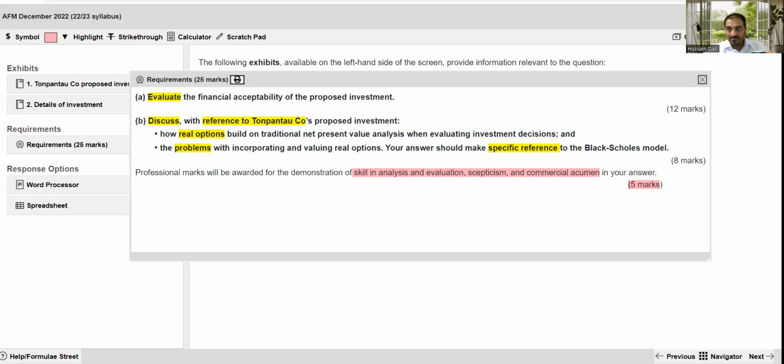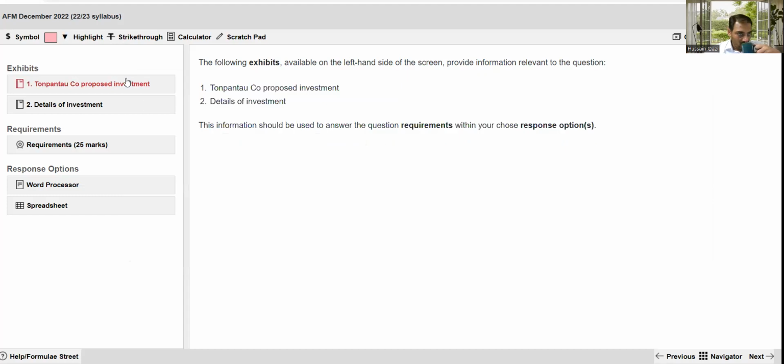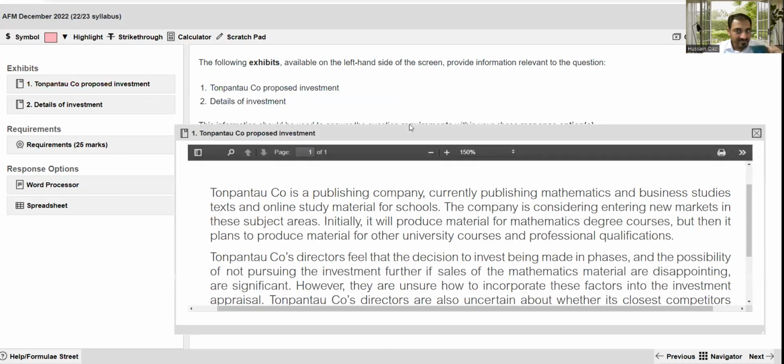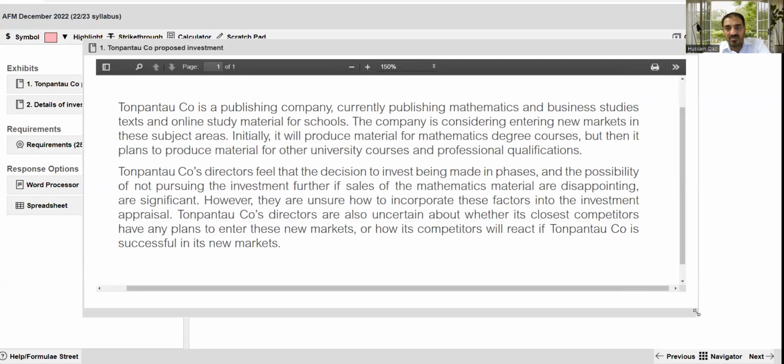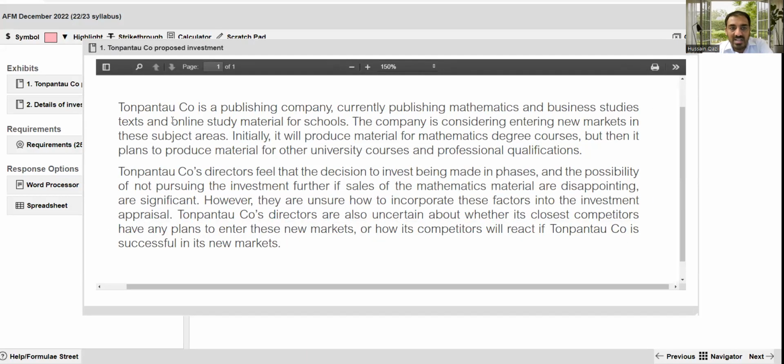So that is the requirement. Now, the main context of the question, the main text of the question. Number 1, Tonpantau company is a publishing company. Do remember, you have read the requirement and your mind is already set that the question is about investment appraisal with BSOP.